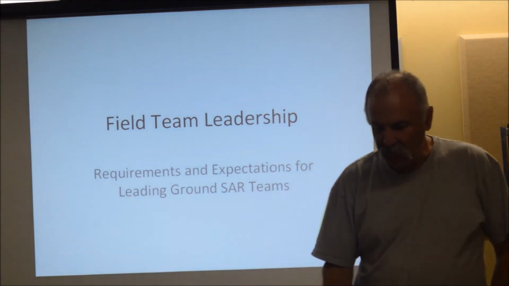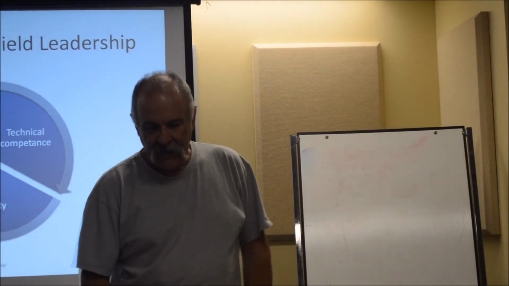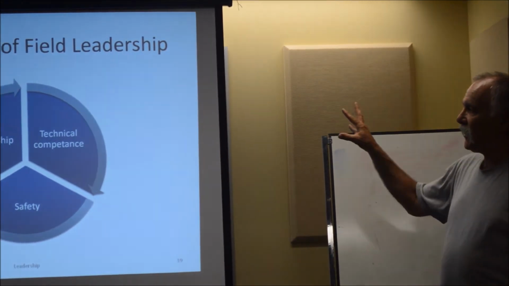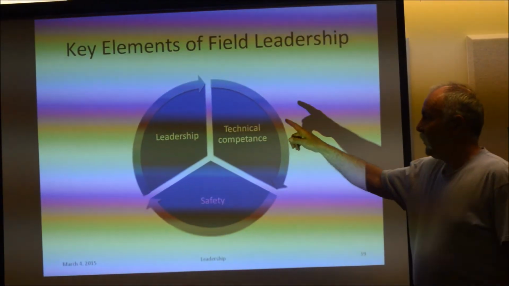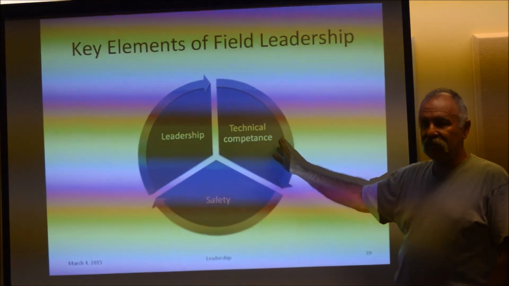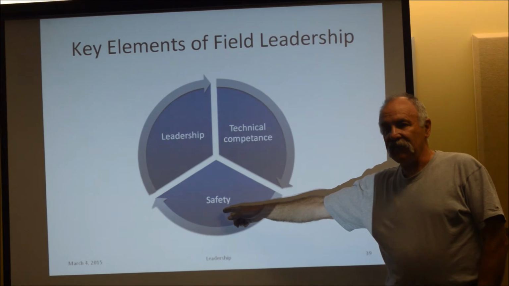Field team leadership. We're going to talk about the requirements and expectations for leading ground search and rescue teams. We've identified key areas of field leadership, which are essentially these three components: the leadership aspect, technical competence to do what you're doing and to lead others, teach others, and safety.